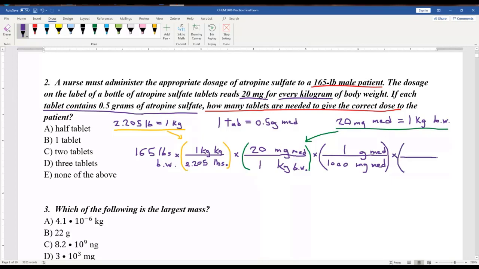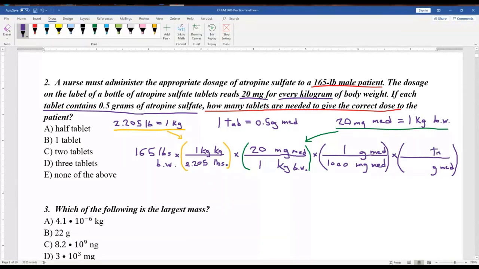So I still don't have tablets yet, so what unit's going to go on the bottom of my next conversion factor? Grams, yep, grams of medicine. And what can I convert grams of medicine to? Tablets, exactly.